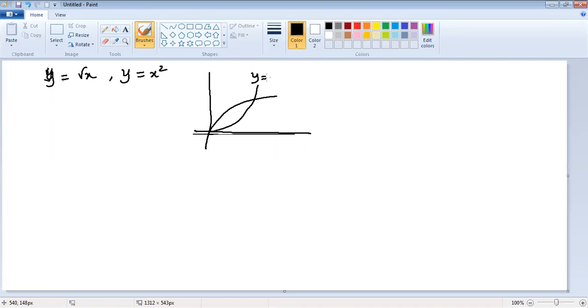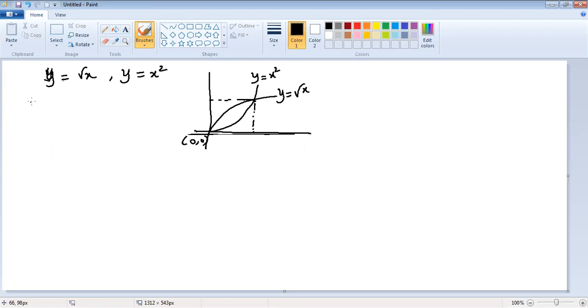This is y is equal to x square and this is y is equal to root x. This is the point of intersection. This is the origin 0, 0. And now we have to find the point of intersection.